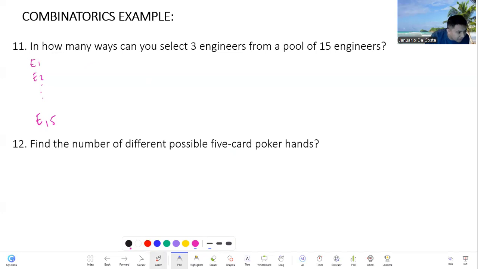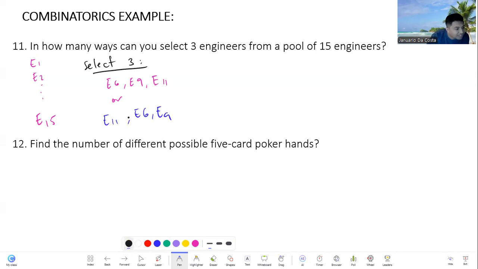You want to select 3. For example, you recruit engineer 6, engineer 9, or engineer 11. Or you can select first engineer 11, engineer 6, or engineer 9.